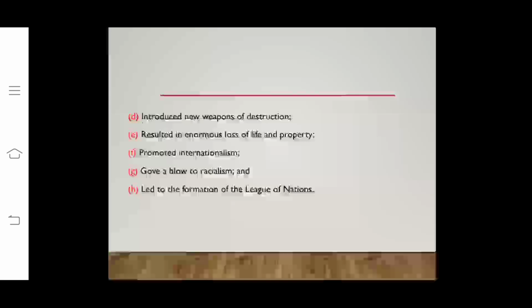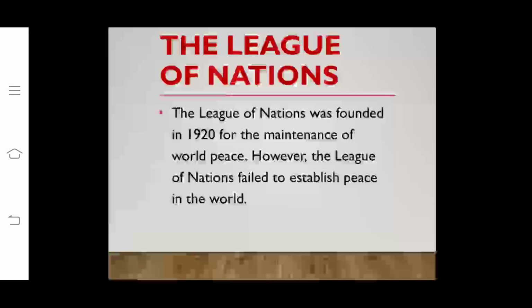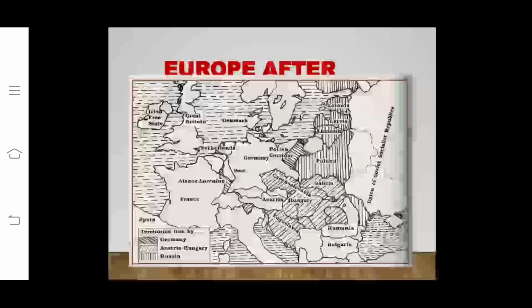That was the League of Nations. The League of Nations was founded in 1920 for the maintenance of world peace. However, the League of Nations failed to establish peace in the world. So this body was a complete failure. As a result, we will study in the next chapter after World War II that the United Nations was formed, replacing the League of Nations. That was all about the First World War, children.